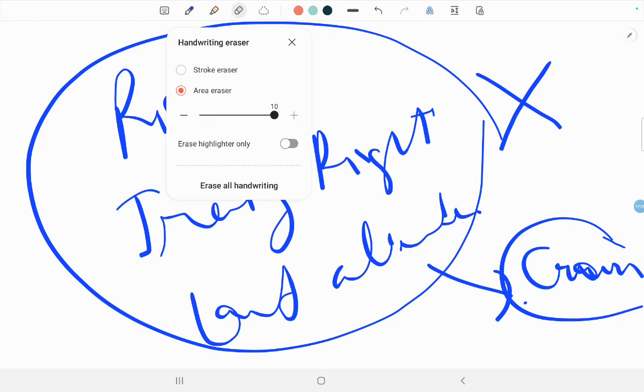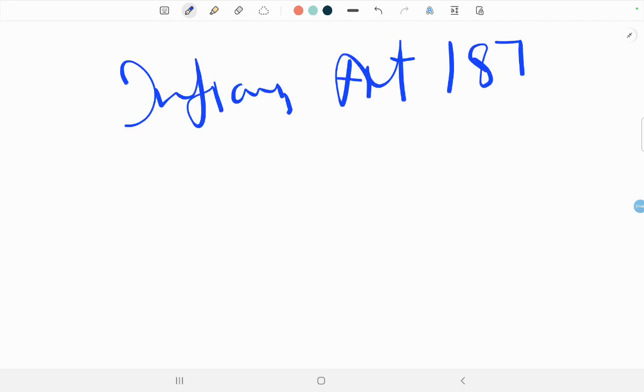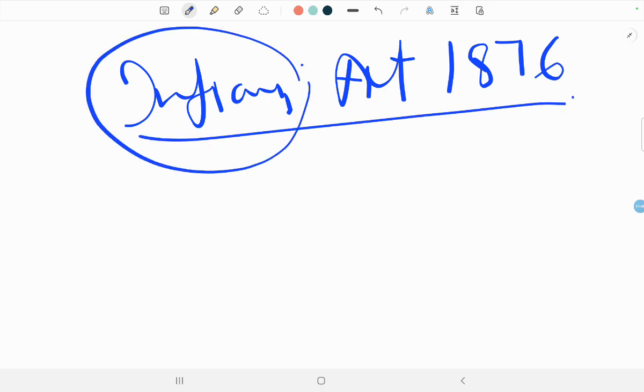So there is one act which says something regarding this, the Indian Act 1876. It is also important. The word Indian is used because they are called Red Indians and they are natives of Canada and North America.